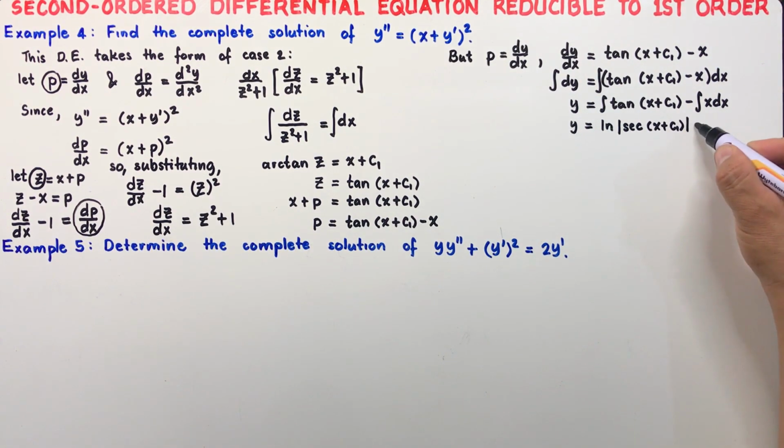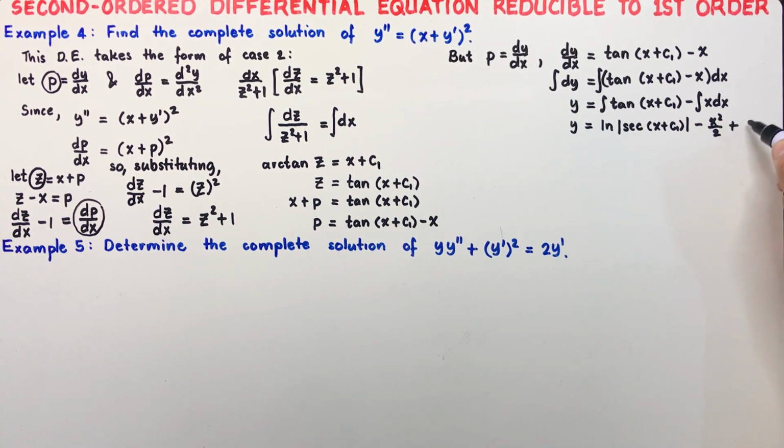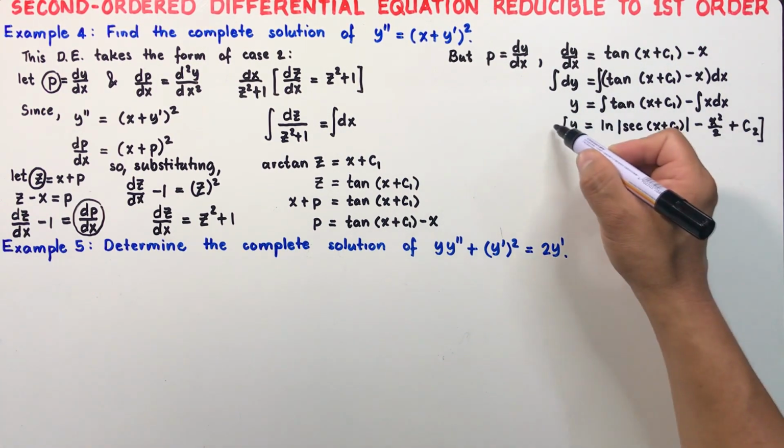And this is subtracted by x squared over 2 plus the constant of integration c sub 2. Now, eliminating this denominator of 2 here, we need to multiply both sides of the equation by 2.